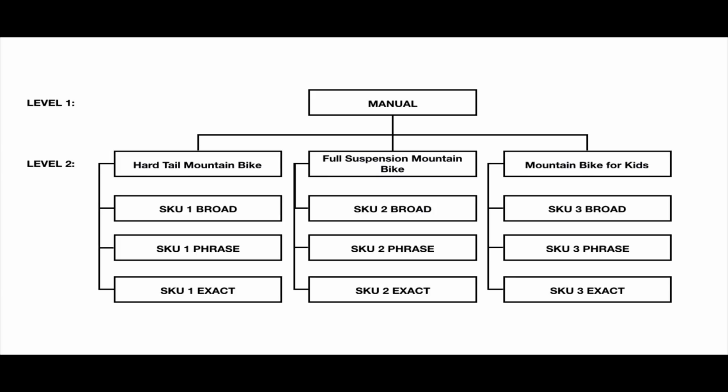So I'm in the market for a hardtail mountain bike. I would type in the search bar, hardtail mountain bike, right? Naturally, if you show me an ad for a hardtail mountain bike, it would convert better than an ad for a full suspension mountain bike or a mountain bike for kids, right? Because you are giving people exactly what they want. So you want to separate them for accurate data.